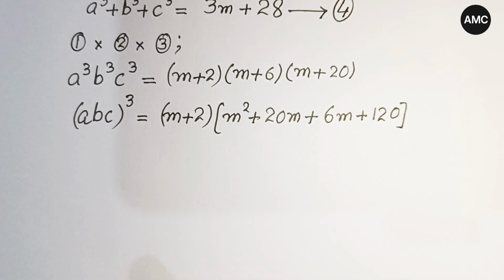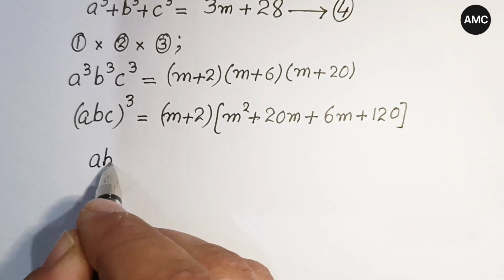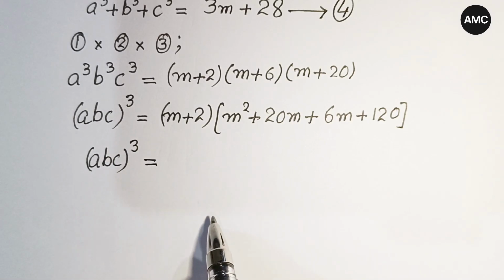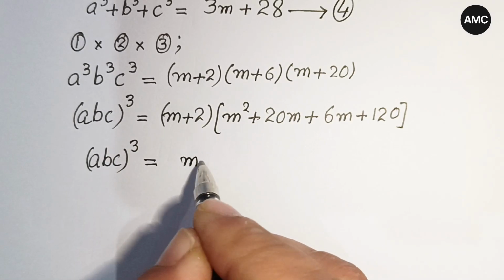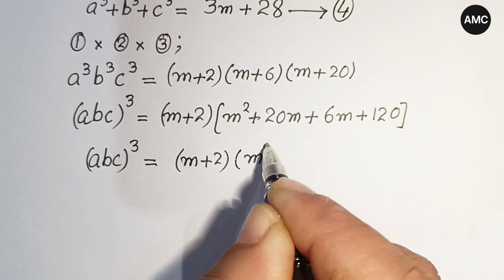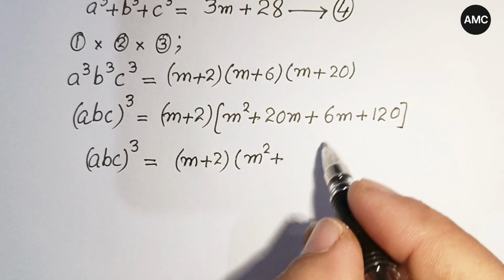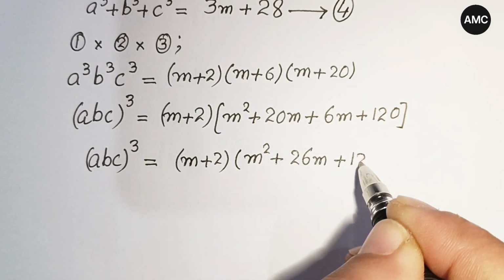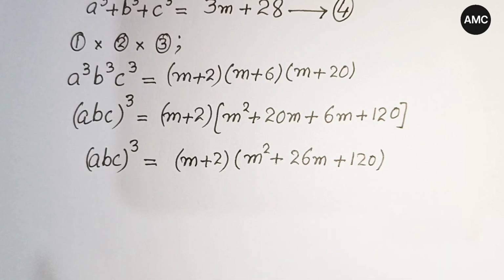Now a times b times c whole cubed is equal to, here we have m plus 2 times m squared, plus 20 plus 6 is 26 times m, plus 120.